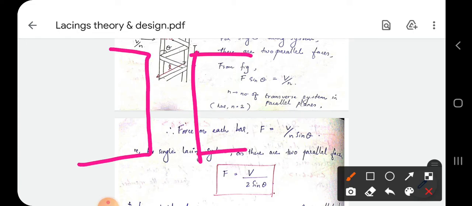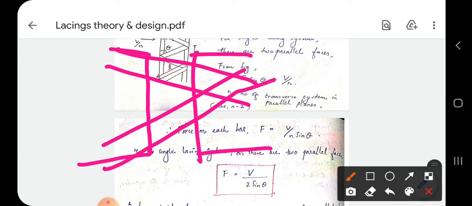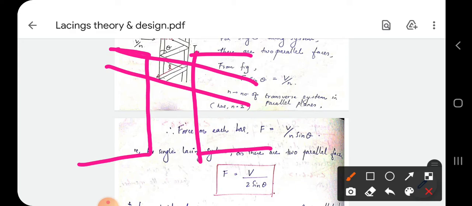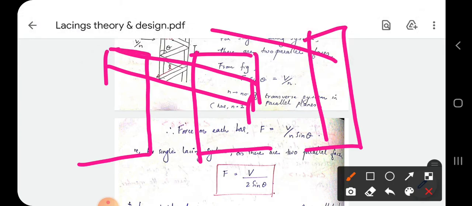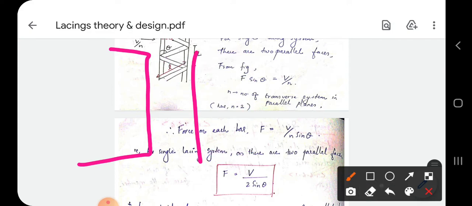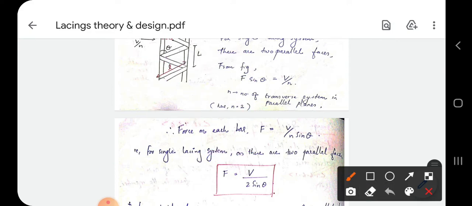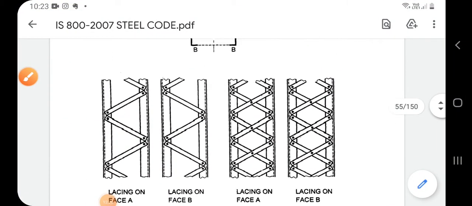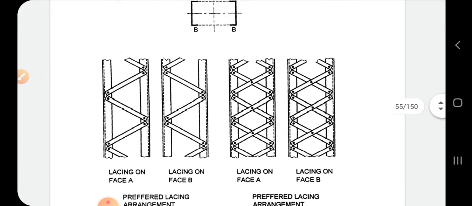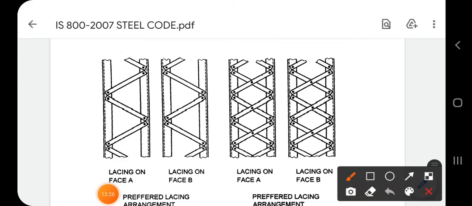Suppose this is a laced column. On this side there is one lacing system, and on the other side also you can find one.